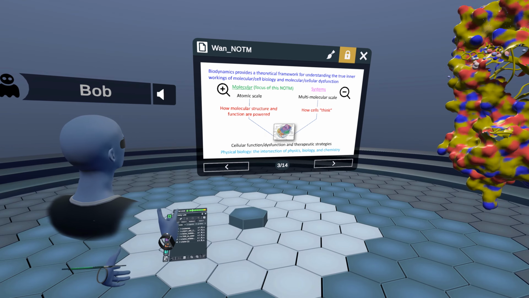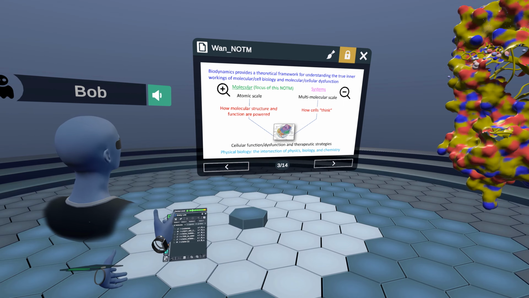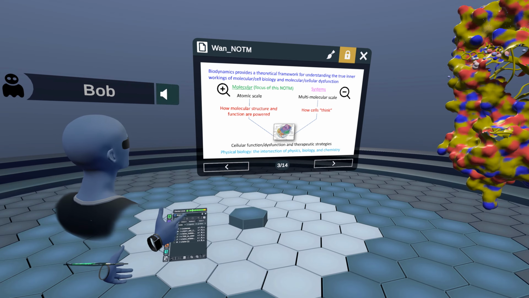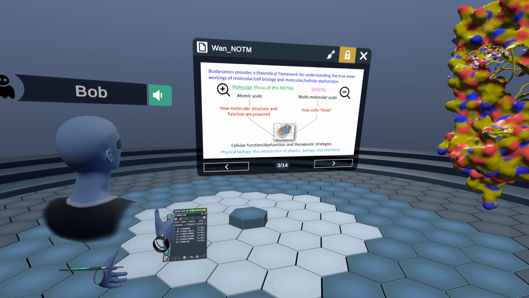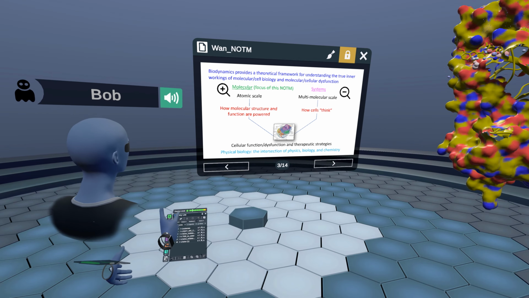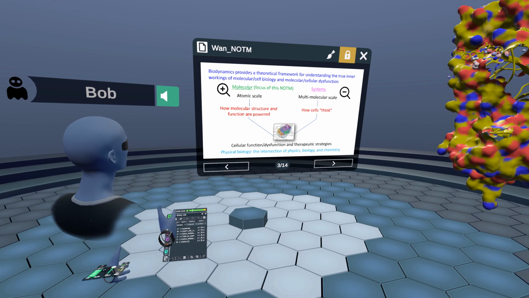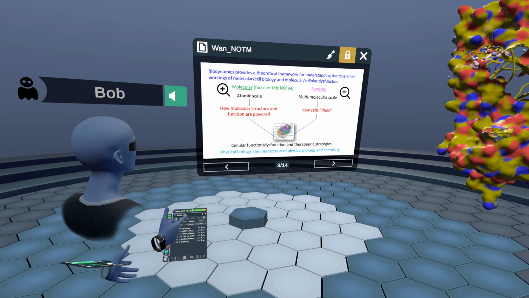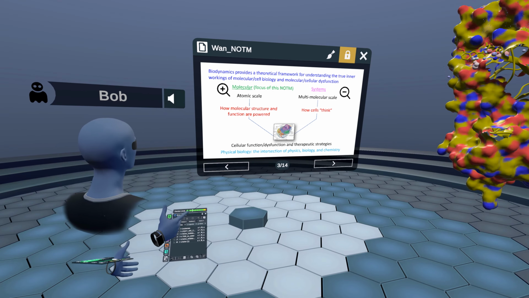And so we're dealing with the zoomed in level of understanding at the atomic scale, and we're dealing with the zoomed out level at the multimolecular scale. So the atomic scale is more about molecular structure and function and how this is powered. And at the systems level, it's really how all of this plays together at the molecular level into molecular systems that define how cells actually think, so to speak.